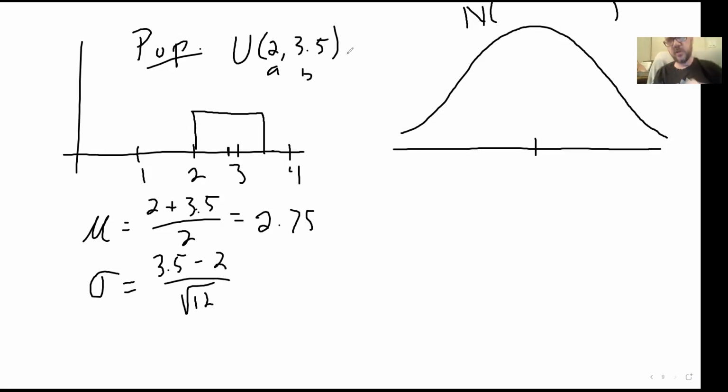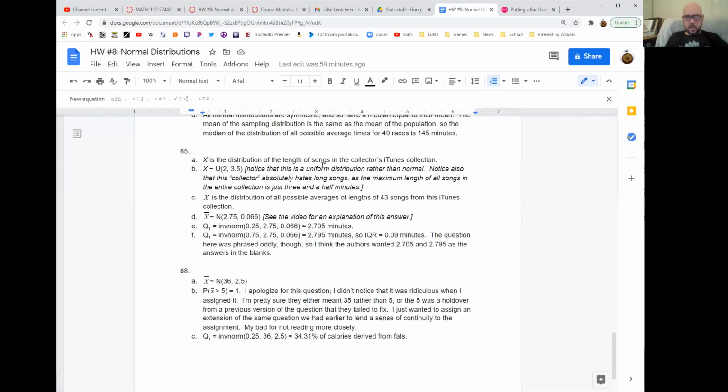And again, just flip back to your chapter 5, continuous random variables notes for these formulas if you don't remember them. I don't remember what that number comes out to be, but of course I already found it when I did the homework. Standard deviation is this guy for the sampling distribution.